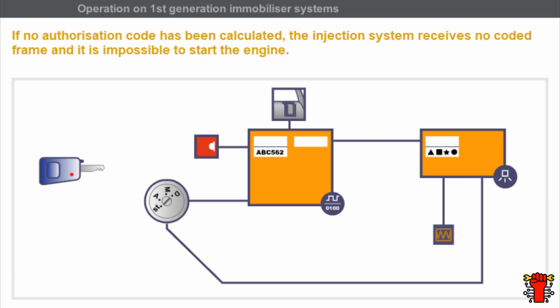In this case, when the ignition is switched on, no authorization code is transmitted to the injection system. When the injection system does not receive a coded frame electrical signal, it remains locked and does not authorize the engine to start. The injection warning light flashes.